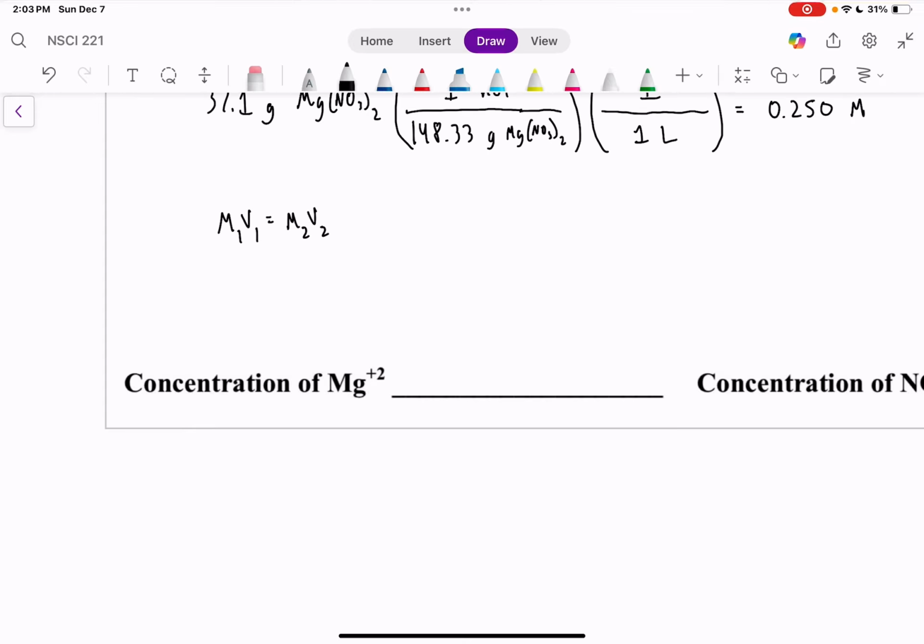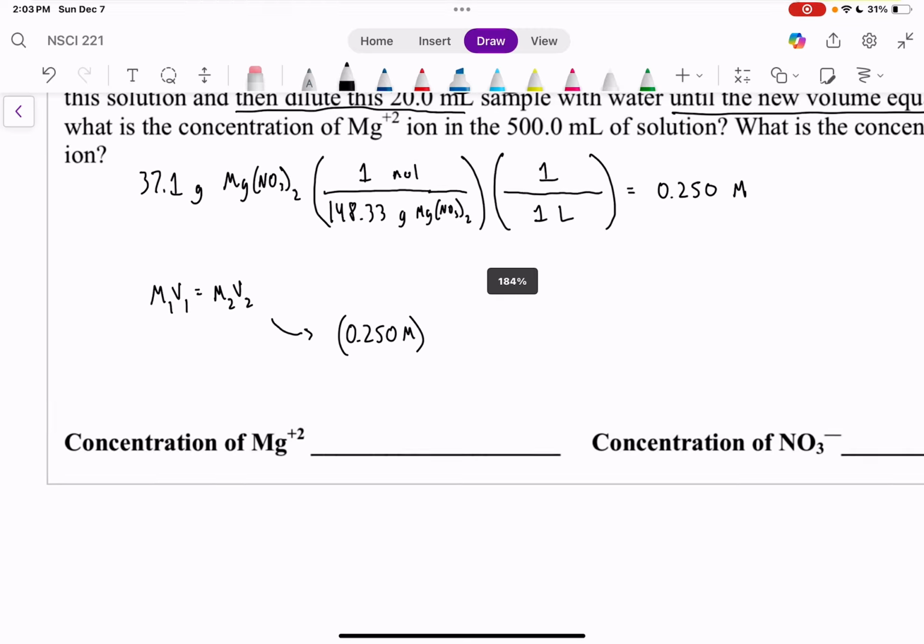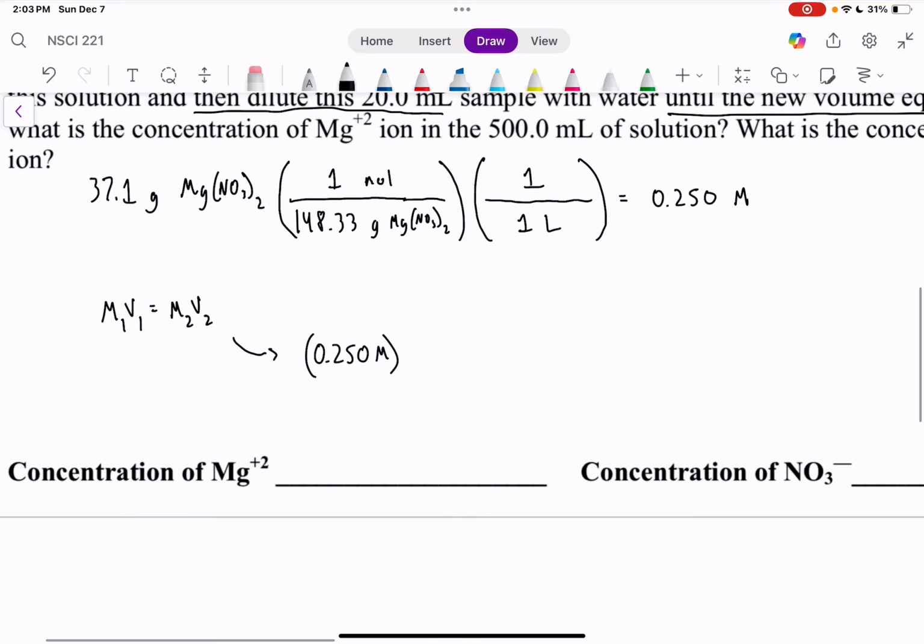So our M1 can be 0.250 molar, and our V1 can just be 20 milliliters, which is 0.02 liters. And then we set this equal to whatever our new M2 will be.